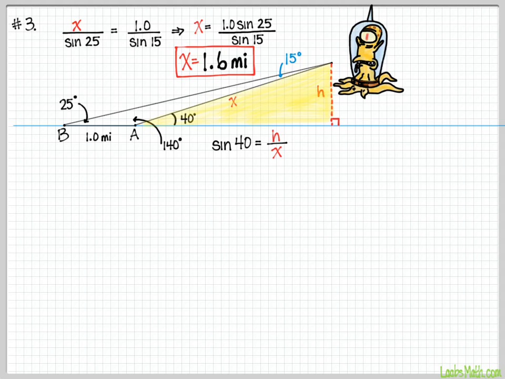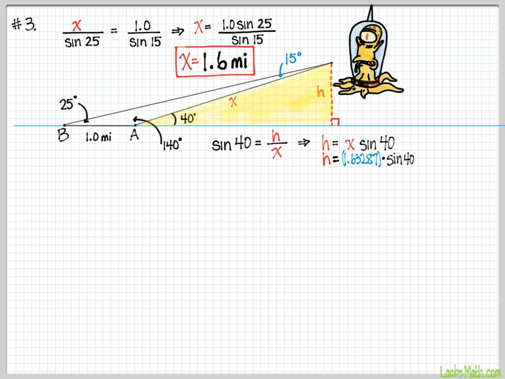Because now we see, oh, it's just a right triangle. We don't need law of sines or law of cosines. We're just going to use right triangle trig: the sine of 40 is h, the height to the alien, which is the side opposite, and x would be the hypotenuse here. And this time, remember, we're not going to just plug in 1.6.